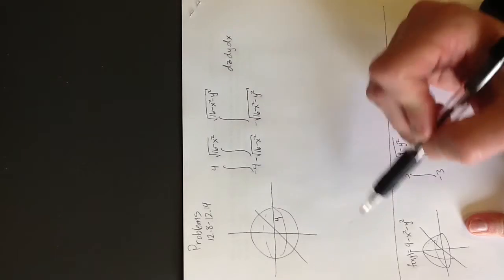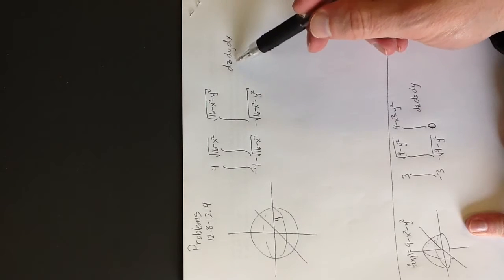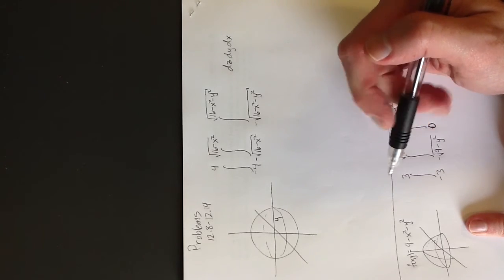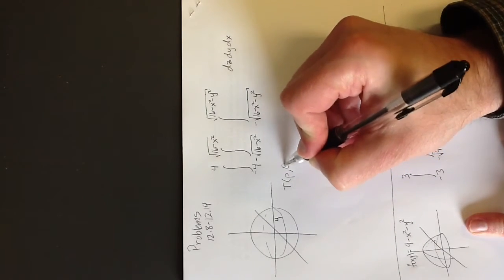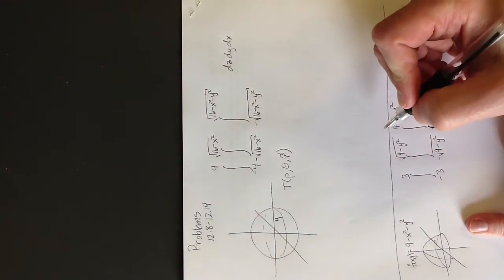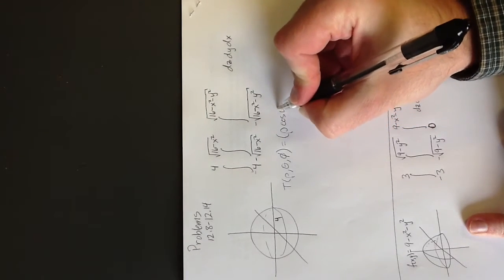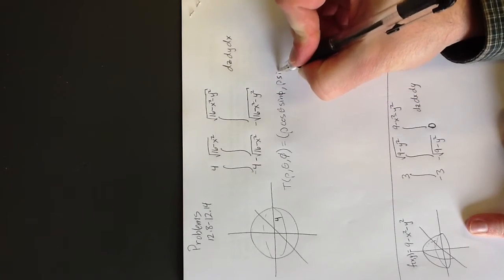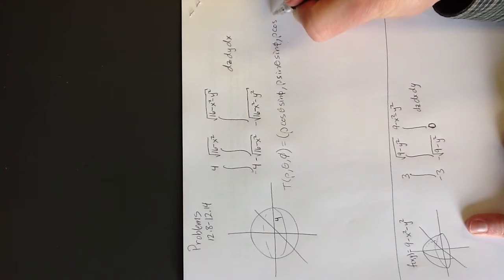But this is partly because this sphere is not very easily described in terms of the x, y, z coordinate system. There's a much more natural way to describe a sphere, and that is using spherical coordinates. You'll remember the spherical coordinate transformation, T of rho, theta, phi equals rho cosine theta sine phi, rho sine theta sine phi, rho cosine phi.